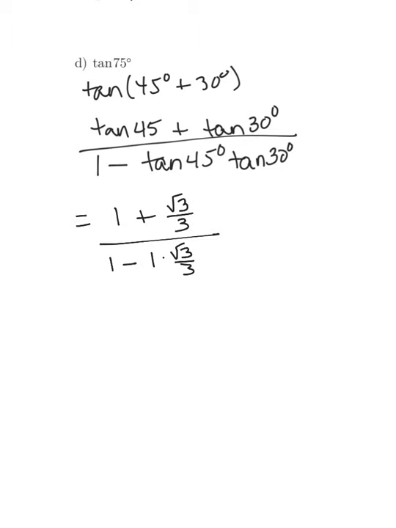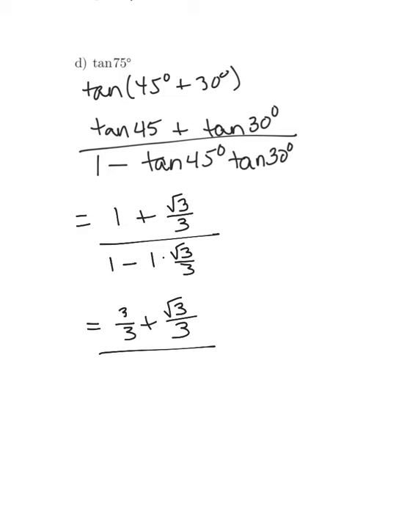So the first thing we're going to do is recognize that we have a fraction with a denominator of 3. I'm going to change my 1 that's in the first term into 3 over 3 so that I have a common denominator. So my numerator will become 3 over 3 plus square root of 3 over 3.